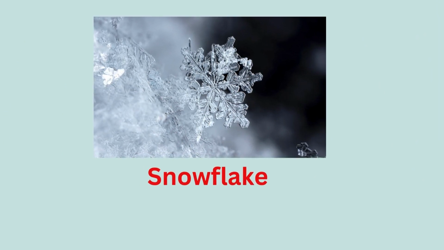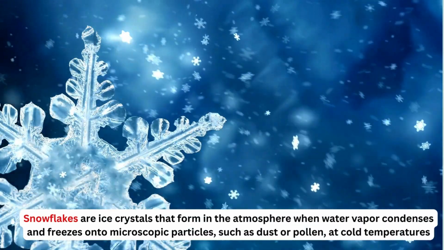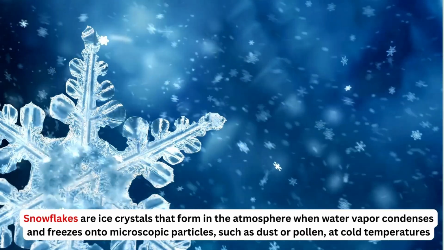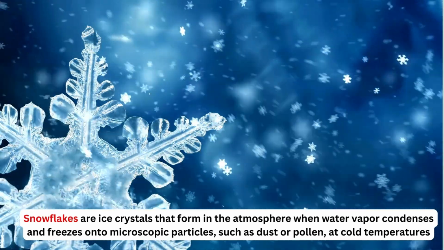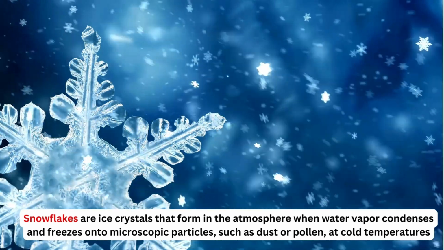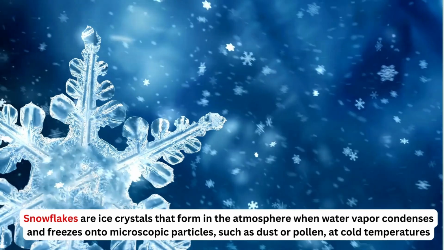Snowflake. Snowflakes are ice crystals that form in the atmosphere when water vapor condenses and freezes onto microscopic particles, such as dust or pollen, at cold temperatures.